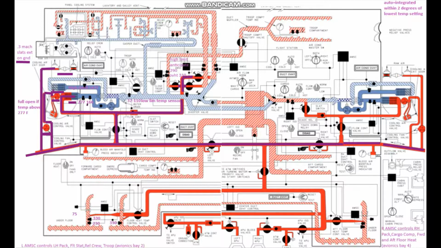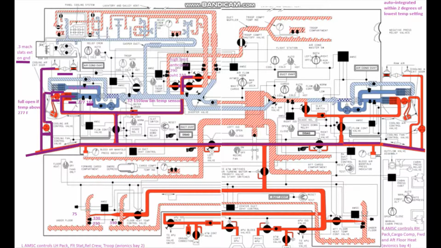And so the 160 here, the whole purpose of that is so the AMSC gets its signal from the sensor, and then because it's always trying to maintain the output of the primary heat exchanger at 160, the AMSC will then modulate our cooling air exit door in order to try to keep it at that 160.